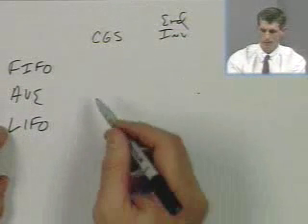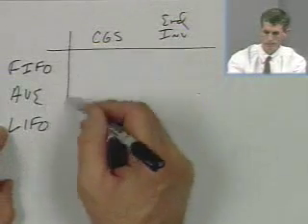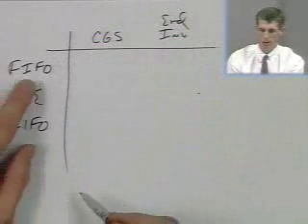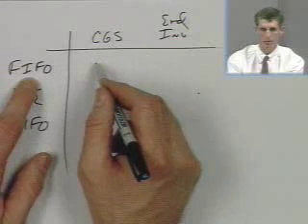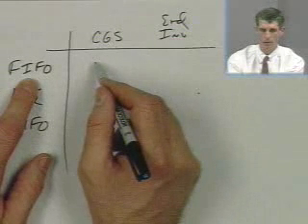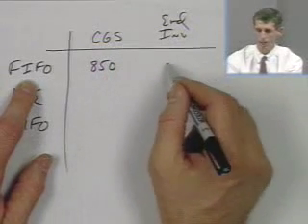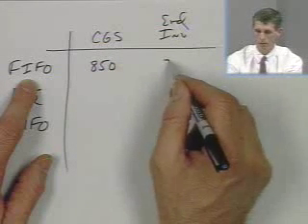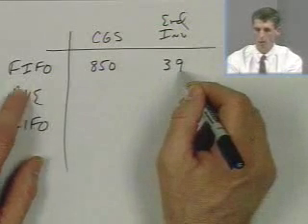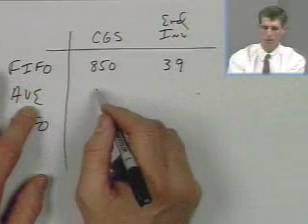Now, let's fill in some of these numbers from what we've done so far. FIFO, cost of goods sold, was how much? We just calculated it at $8.50, right? And the inventory was how much? $39. When we did the average method, what was cost of goods sold?